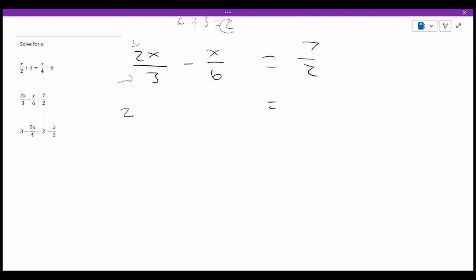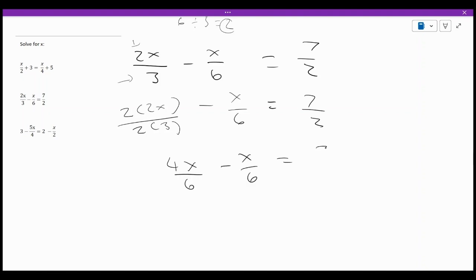Okay, so it's going to be 2 times 2x over 2 times 3 minus x over 6 equals 7 over 2. That is 4x over 6 minus x over 6.